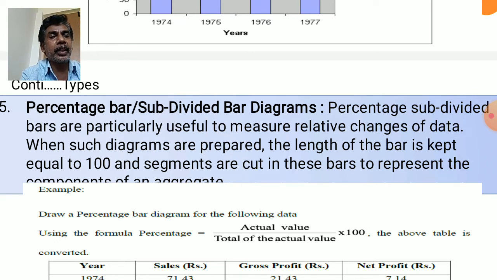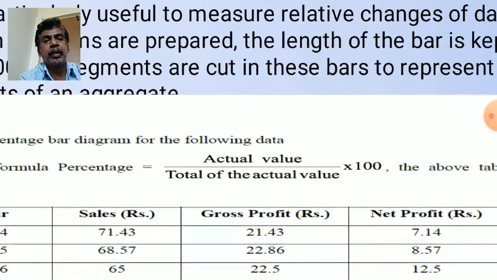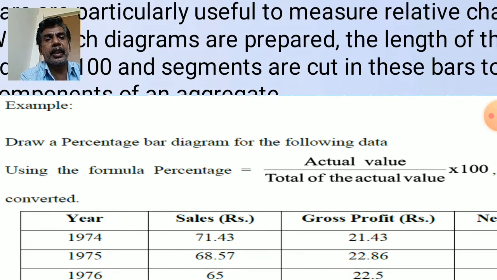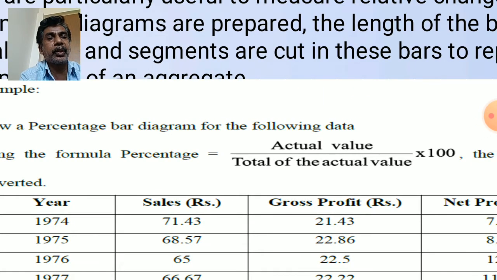The length of the bar is kept equal to 100, and segments are cut in these bars to represent the components of a product. Here is an example: draw a percentage bar diagram for the following data using the formula, percentage equals actual value divided by total of the actual value into 100.